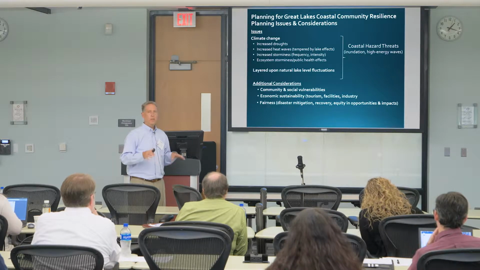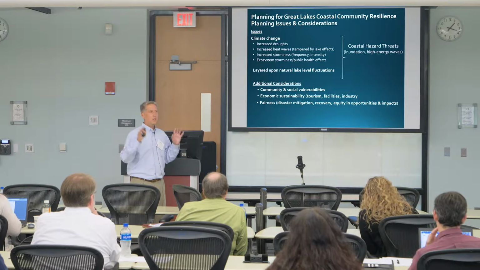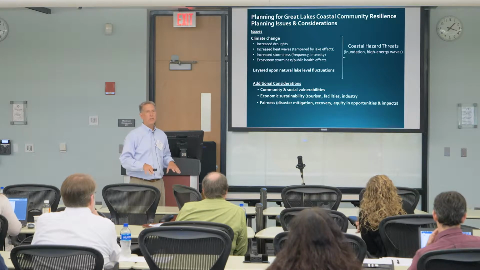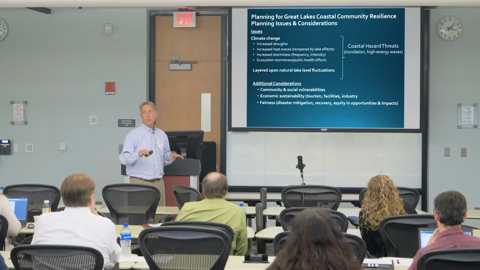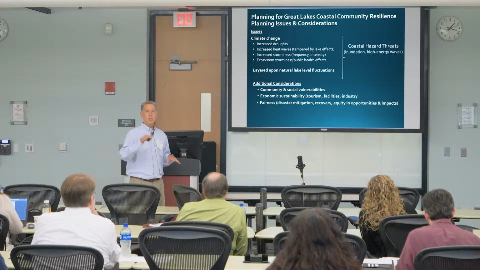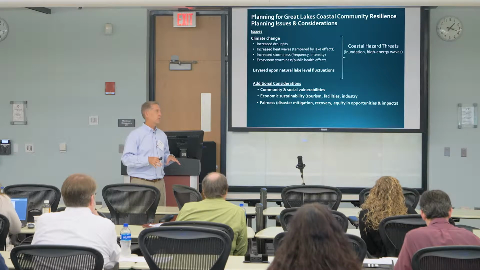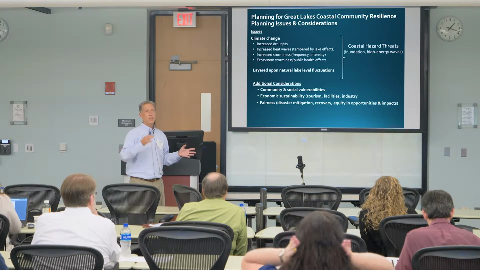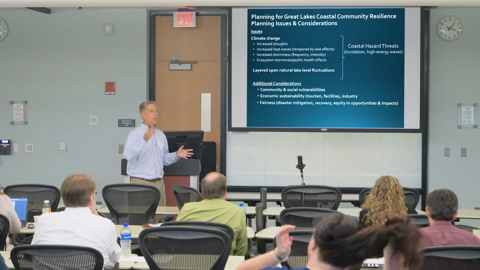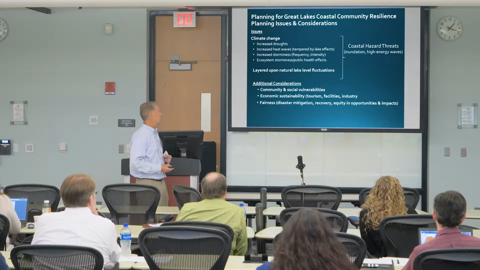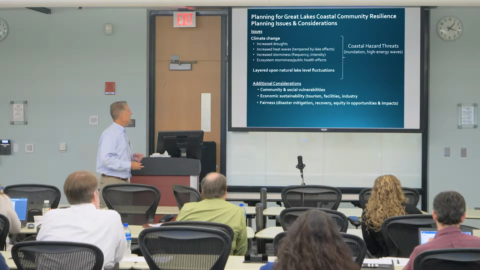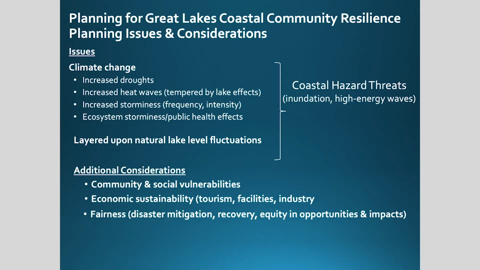So if you have folks in your community saying the lakes are going to go down, don't stomp on that right quick, because we don't know that for sure. At the very least, they're going to continue this fluctuation cycle. Nobody has suggested that that's going to change. And in fact, Guy tells me that could even maybe get worse because of climate change, the kind of fluctuations that we're seeing. Storminess and fluctuations are a big consideration.